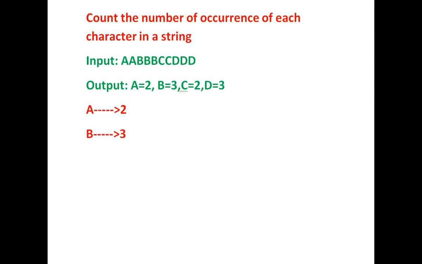So we can use a map here, because we are representing a character and its value. It's a pair. You can represent it with a key value pair, so the key would be the character and the value would be the number of occurrences.